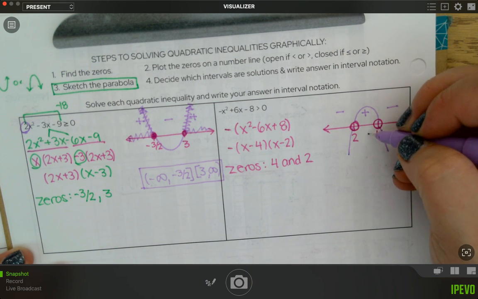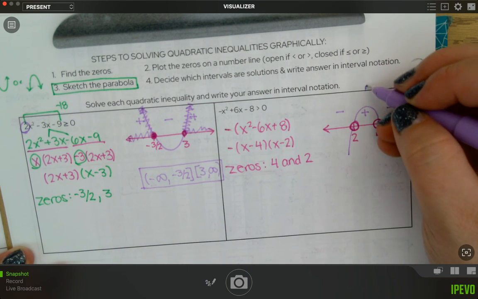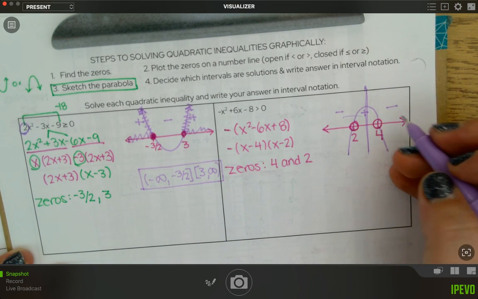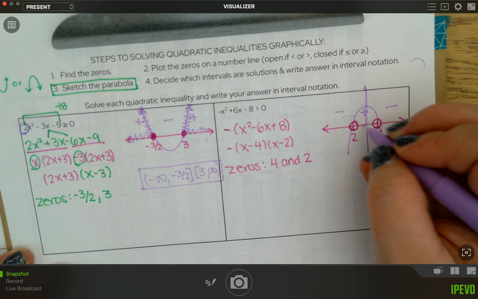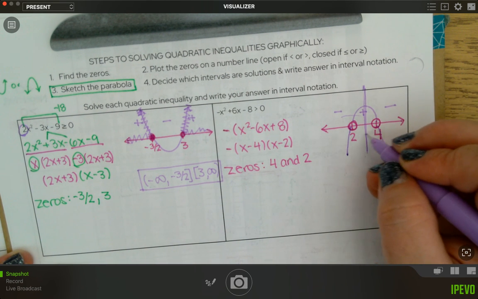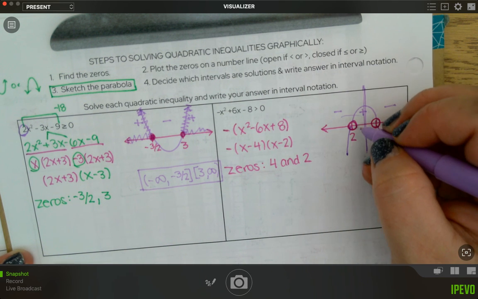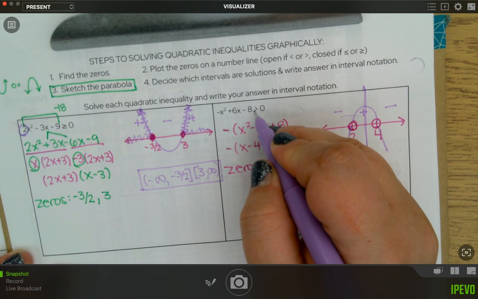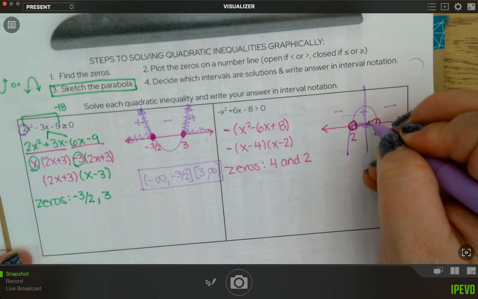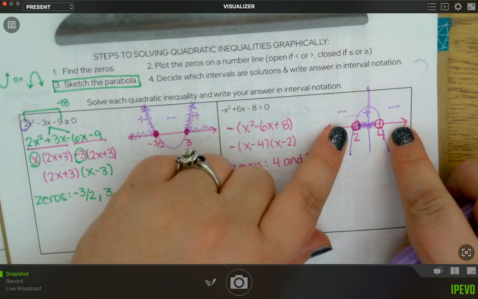So think of this as like the y-axis, like this, going through the graph. This is in the positive area of the axis. Since both of these go below, these would be the negative y values. So we want greater than 0, which is positives, this area right here. Because over here is in the negatives.